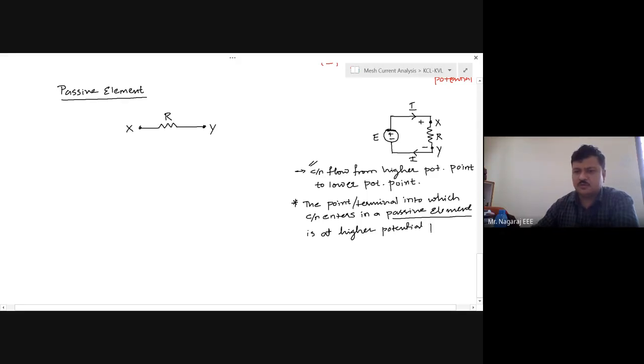This is very important. Okay, so the point where the current is entering into R, that point is the higher potential point.